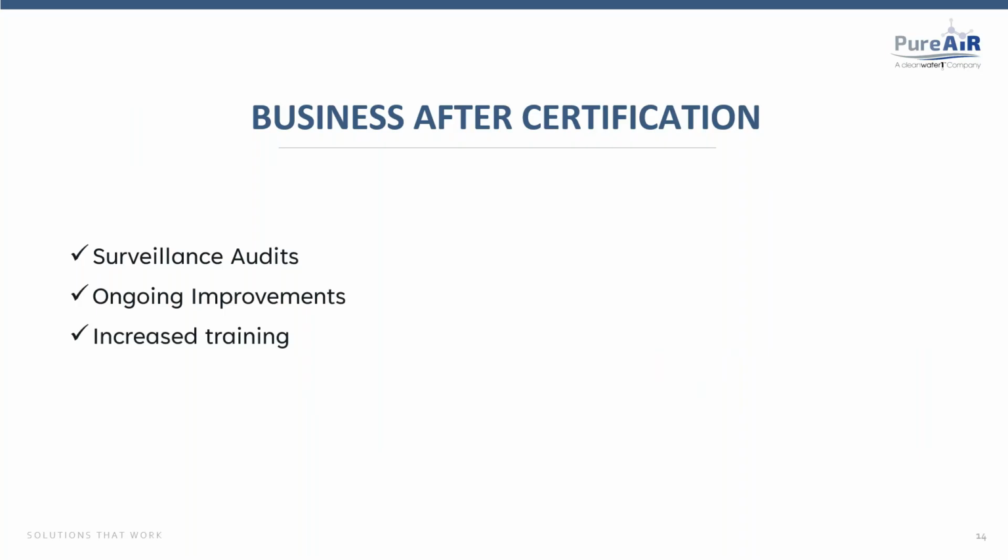Increased training is a big part of those improvements, and a nonconformance is bound to happen. I don't think I can name a company that has never had an issue. So when those issues happen, are people being trained? Is the training applicable or effective?